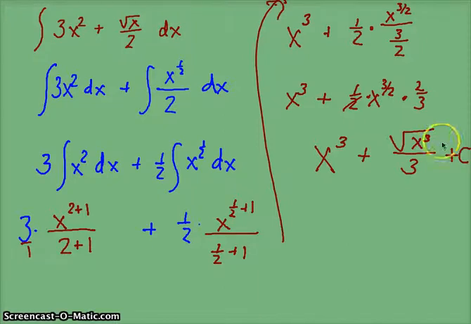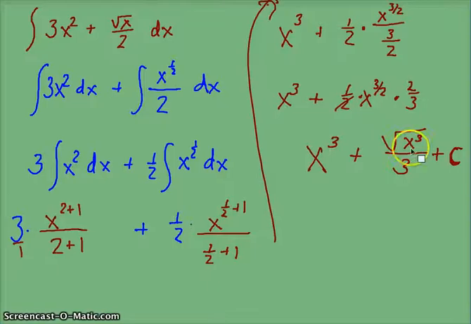That plus c is quite important. And yes, plus c. Again, if you want to check this, just find the derivative of this, and you would find that you'd get this piece. Always understand how you can check your work here. No problem.